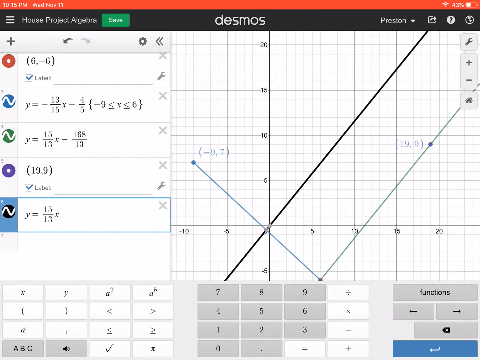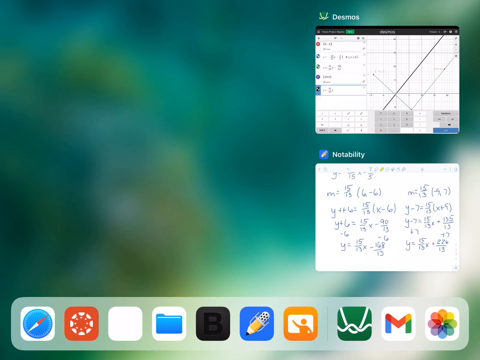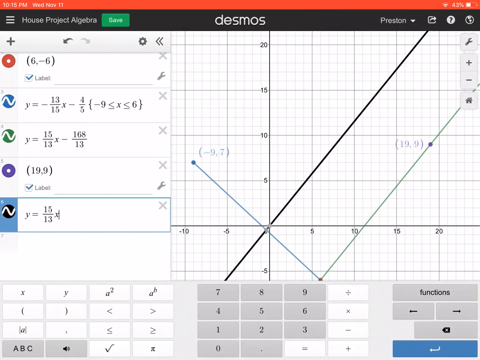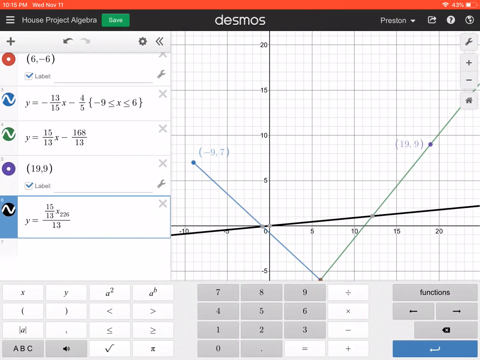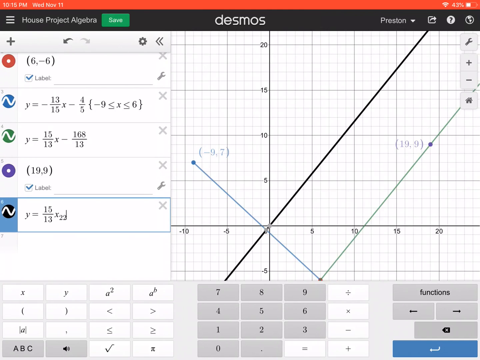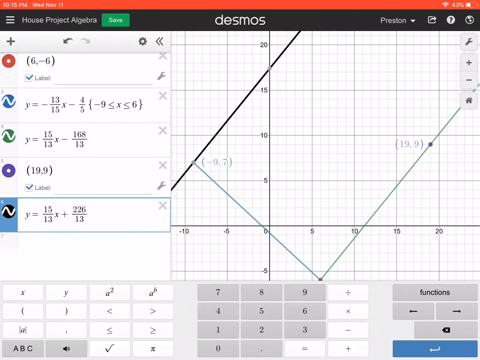And notice it goes exactly through -9, 7.